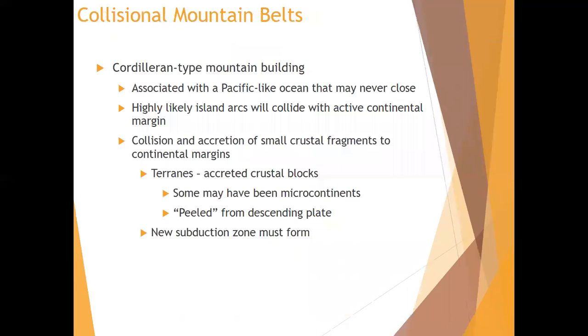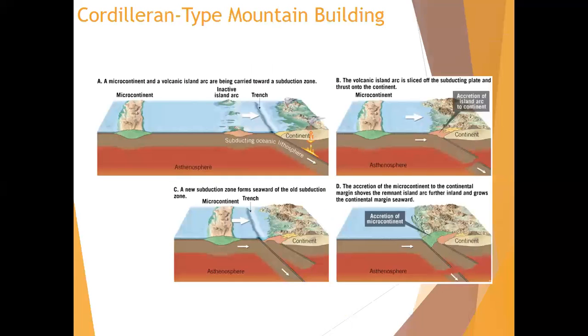And then we can have these collision mountains. This is going to happen where your island arcs that are forming are going to be brought to the continent, and they're going to become part of the continent. So it looks like this. You have microcontinents that are formed. They are then going to be brought to the continent where they become part of the continent.